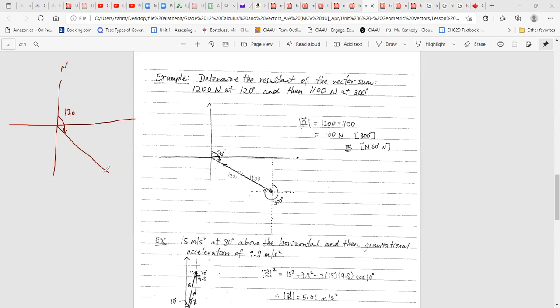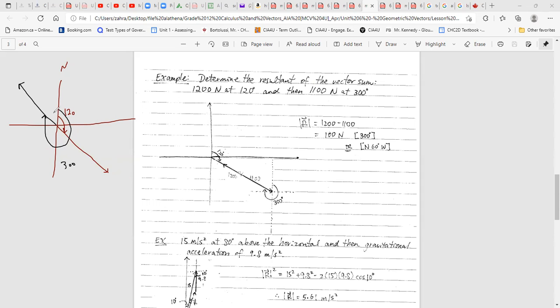So the direction of this is here, and now the next vector is 300. So you start from north and you go 300. So it would be there. From here to here is 300.